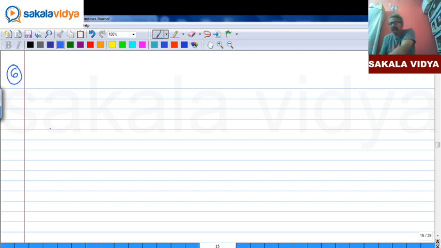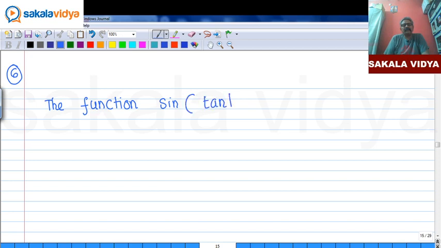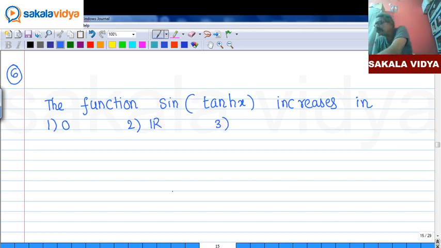Sixth question. The function sin of tanh x increases in: first option 0, second option R, third option 1, fourth option infinity.